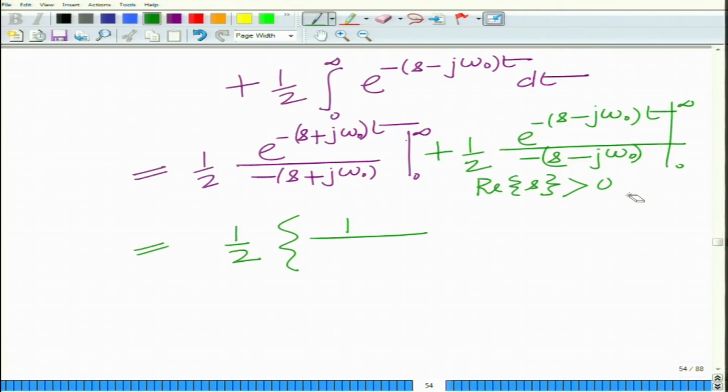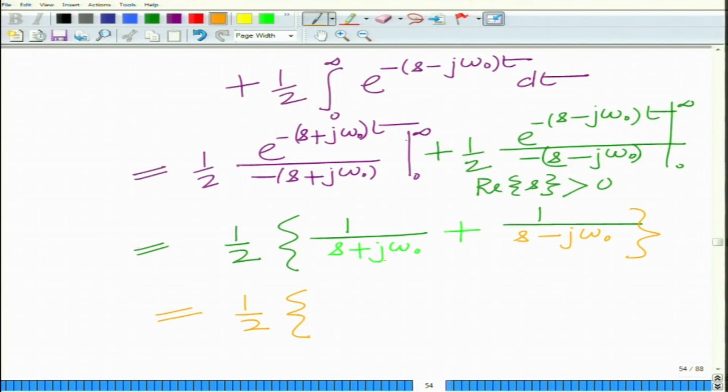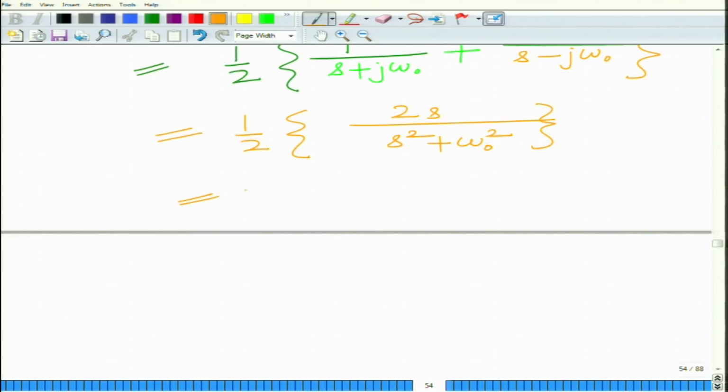So, the real part of s greater than 0 is the ROC, and in the ROC this is half of 1 over s plus j omega naught plus 1 over s minus j omega naught, that is 2s divided by (s plus j omega naught) times (s minus j omega naught), that is s square plus omega naught square, which is equal to s by s square plus omega naught square.